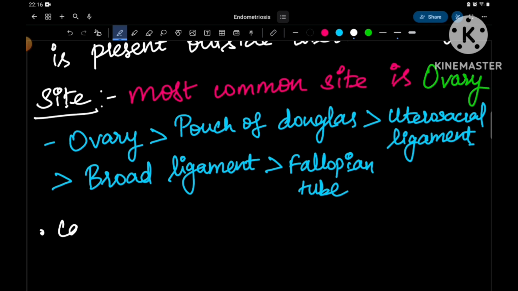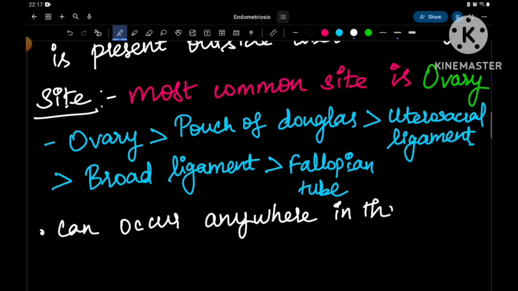Okay, it's simply like metaplasia, but don't get confused. It is not a metaplasia or anything. It's just endometrial tissue outside the uterine cavity, right?